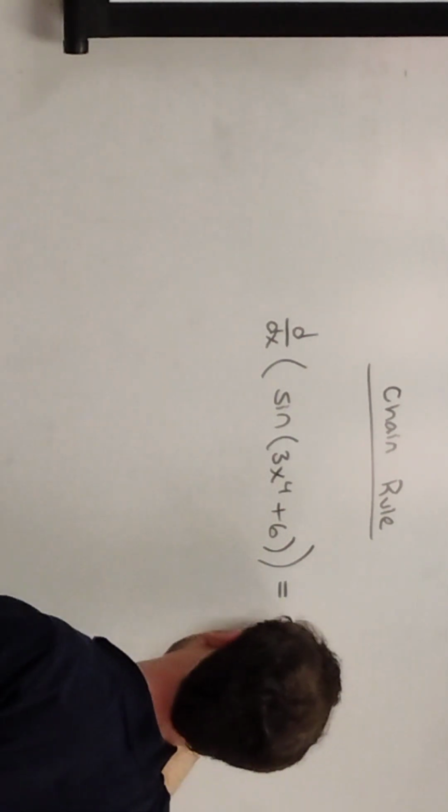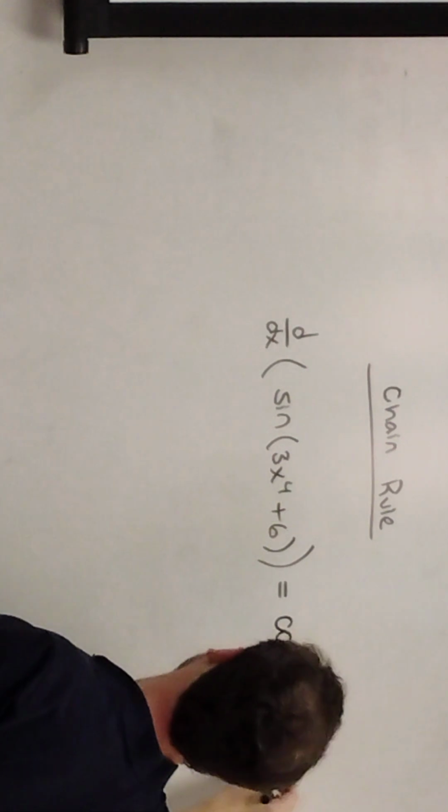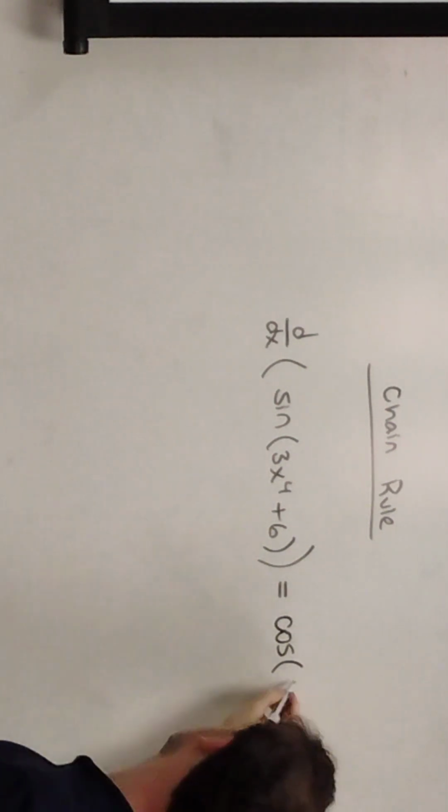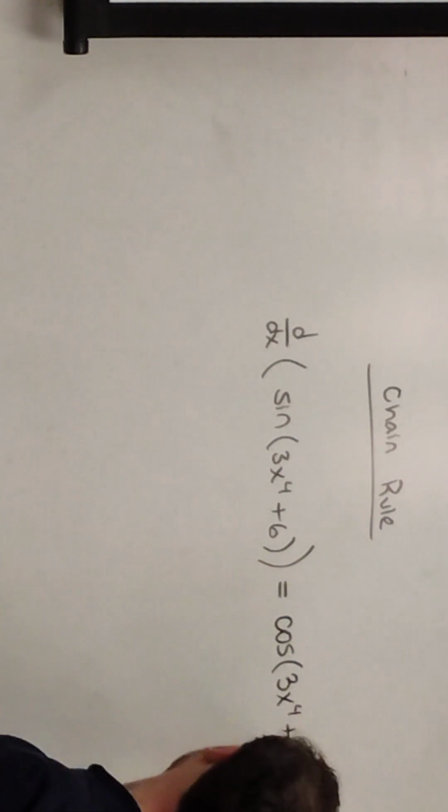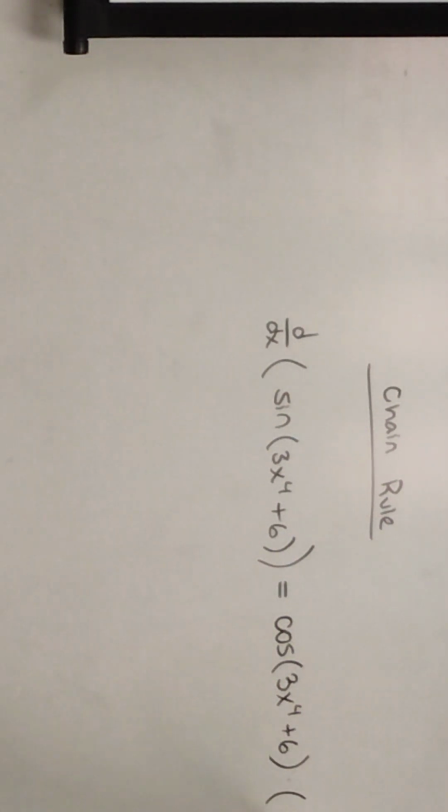So the derivative of sine of something is cosine of something, meaning keep the inside the same, times the derivative of the inside.